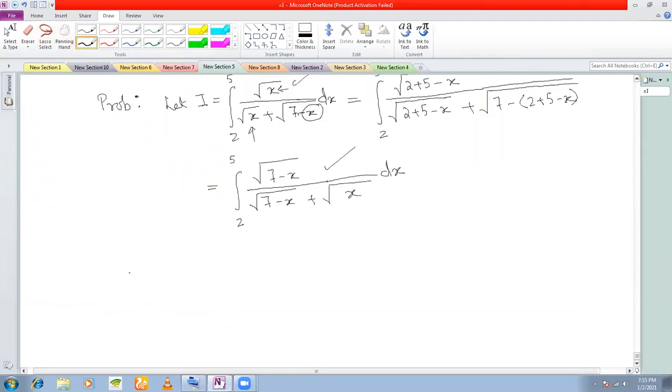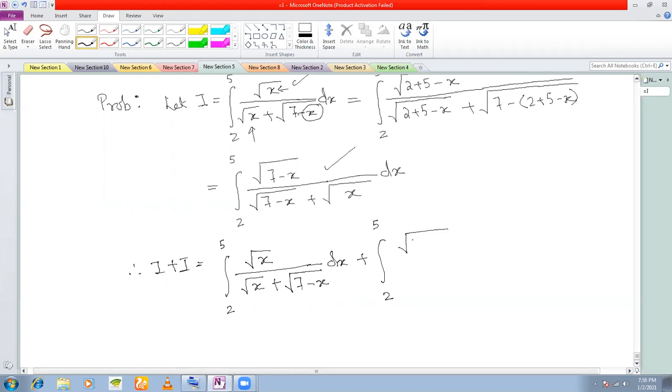So let's add. Therefore, I plus I is equal to integral 2 to 5 root x by root x plus root 7 minus x dx plus integral 2 to 5 root 7 minus x divided by root x plus root 7 minus x.